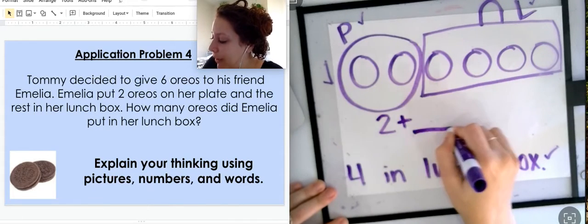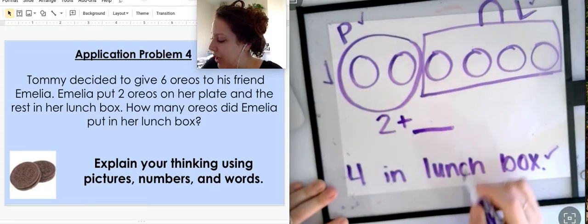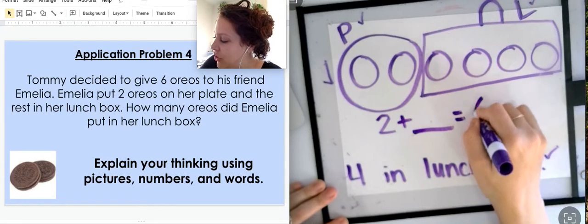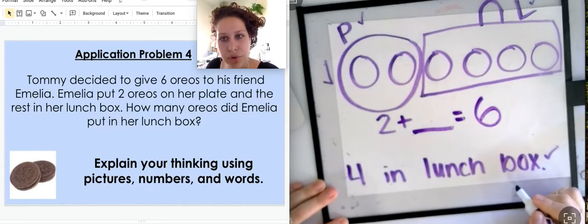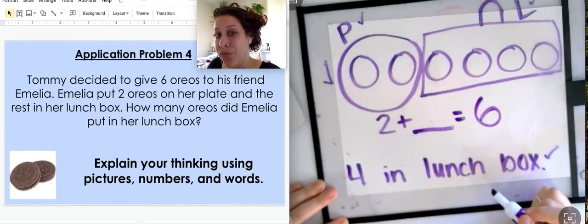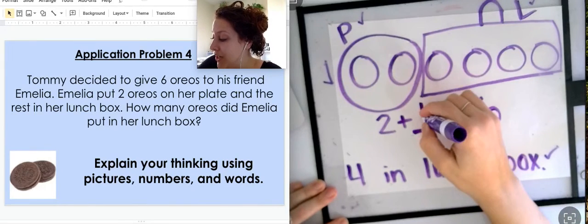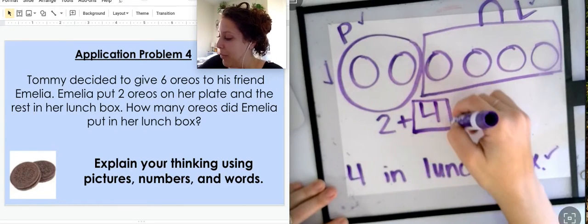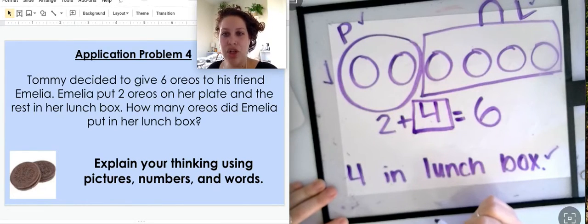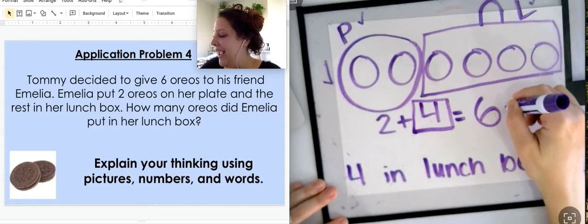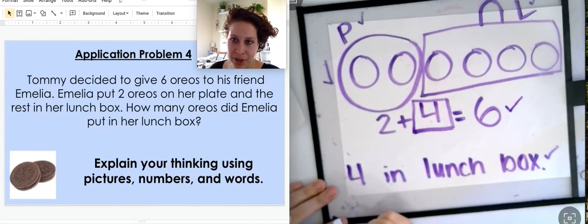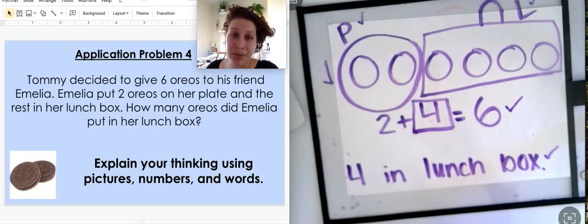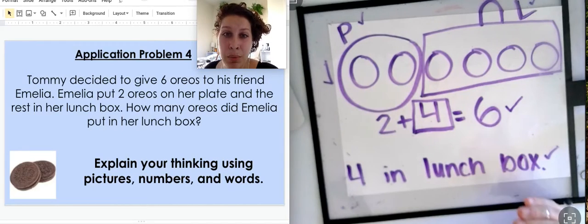And we were trying to figure out how many were in her lunchbox because she had a total of 6 Oreos. So I know there's 4 over here. So she has 4 in her lunchbox. And I'm going to put that 4 in a box, just like this. Now I have my numbers. This is perfect. This is exactly what we're looking for when you solve this kind of application problem.